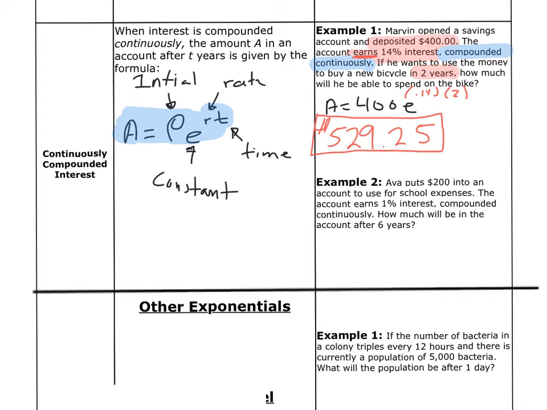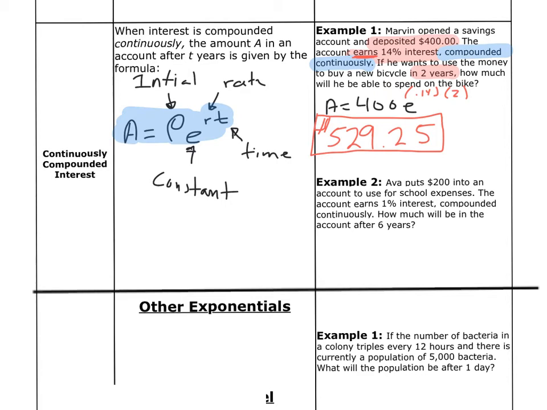For other calculators, you might have to click the shift button, the secondary color of your calculator, and then click the appropriate button. So definitely look for it. It will make your life easier because you can type it in just like we did here for the problem, 400e raised to the 0.14 times 2. And that'll give you your answer, okay?